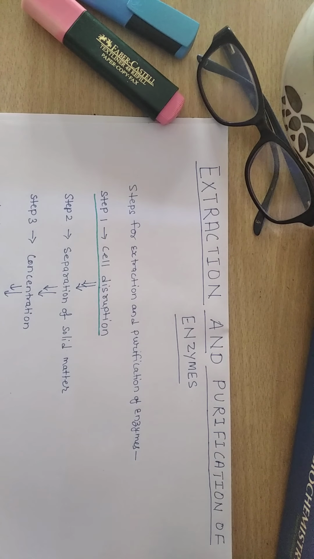Molecules are separated according to their physical properties, like their size, shape, and charges, hydrophobic interaction, etc. Or chemical properties like covalent bonding, or biological properties. Example is biospecific affinity.